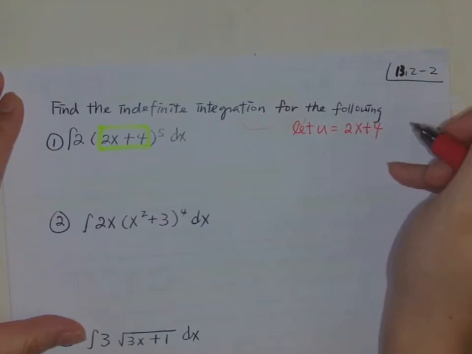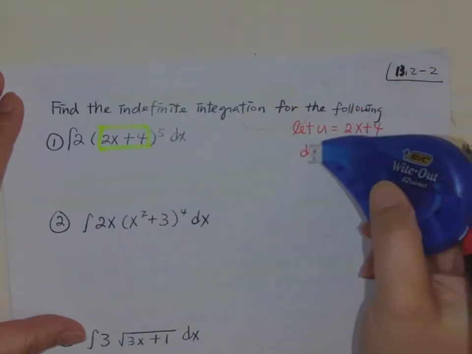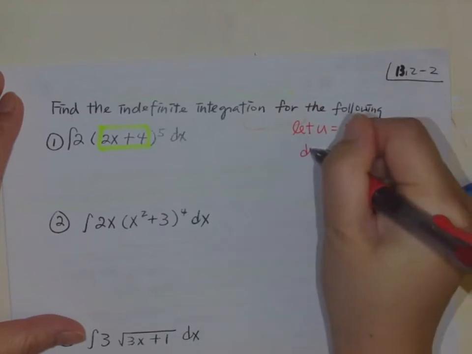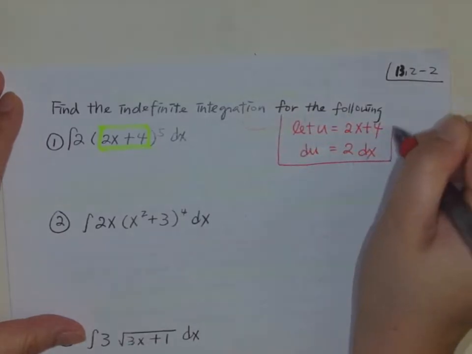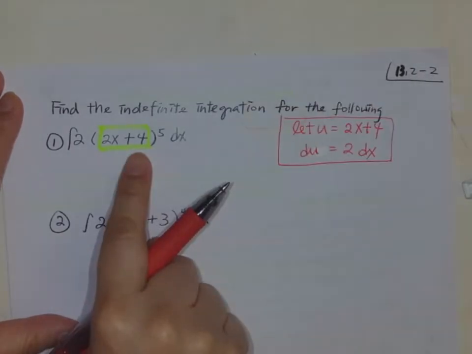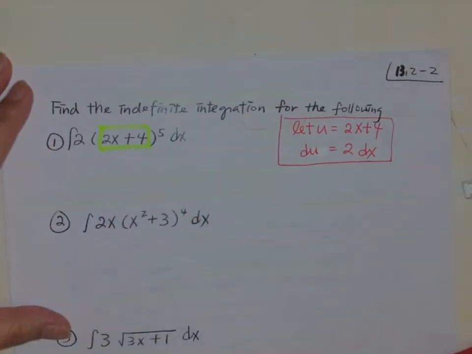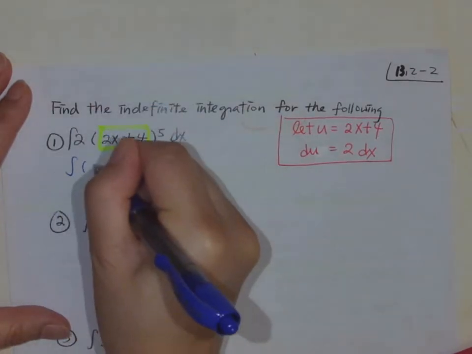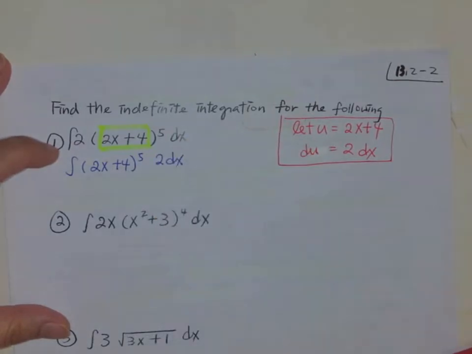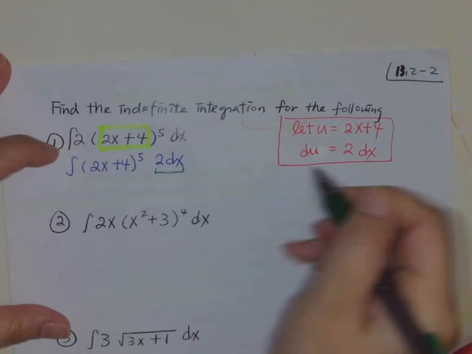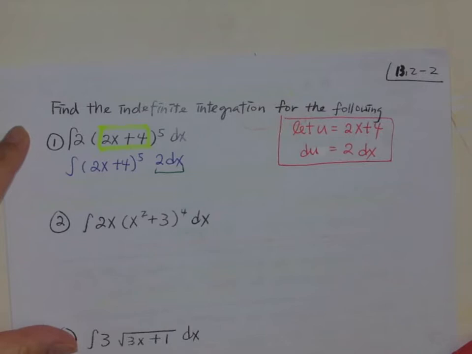Once you have that, you also need to figure out what du is, so take the derivative of that. The derivative is not that difficult. It's just 2, but it's going to be 2 dx. We're going to use that to replace stuff here. As you can see, 2 and dx are here, so I'm going to group them together. Basically, I'm taking the integral of 2x plus 4 raised to the 5th power, and I'm putting 2 dx together because that's my du part, and this is my u part.